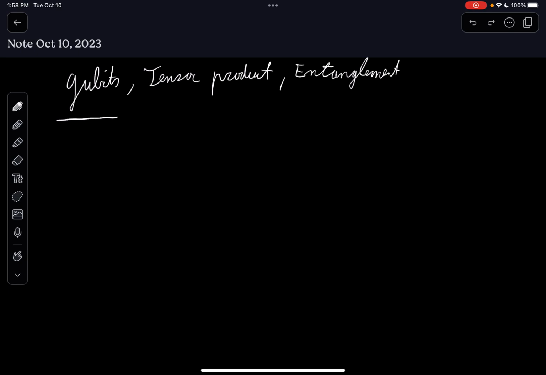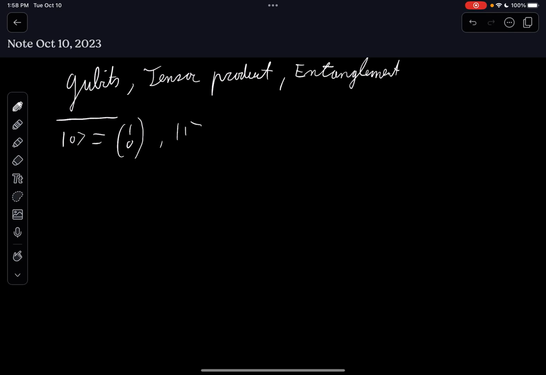And so there are two important states. There's the so-called zero state, which is labeled in this way. I have this straight line here, and then this angular bracket here. And this is just shorthand notation for the following. This is a two-dimensional vector where the first element is a 1 and the second one is a 0.